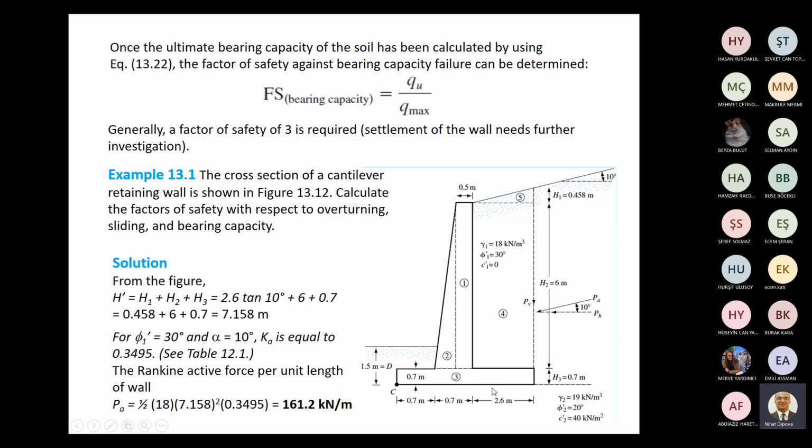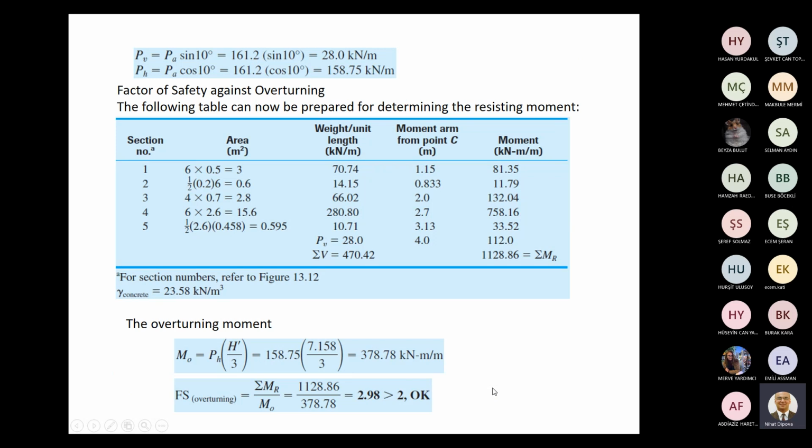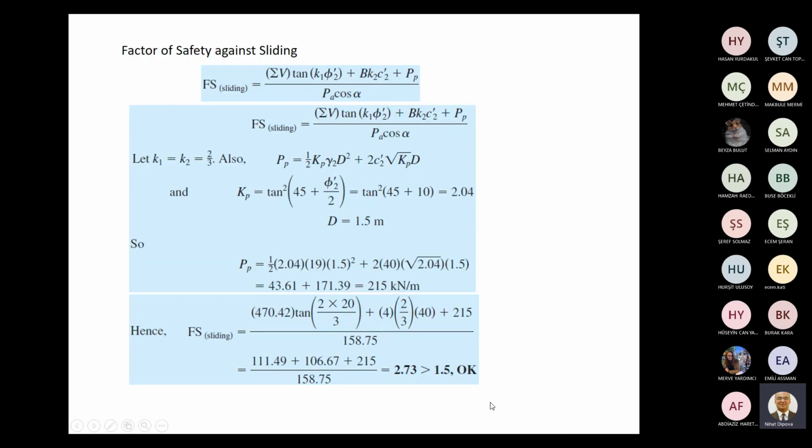Similarly, adhesion along this concrete soil interface. Of course, these two values are related with soil properties. Then we will multiply a correction factor or a coefficient K1 and K2 to convert these soil properties to interface properties.